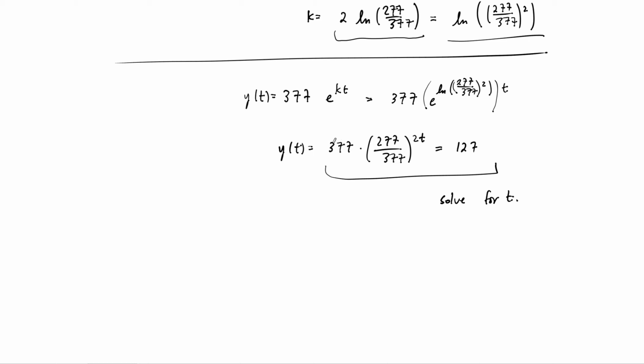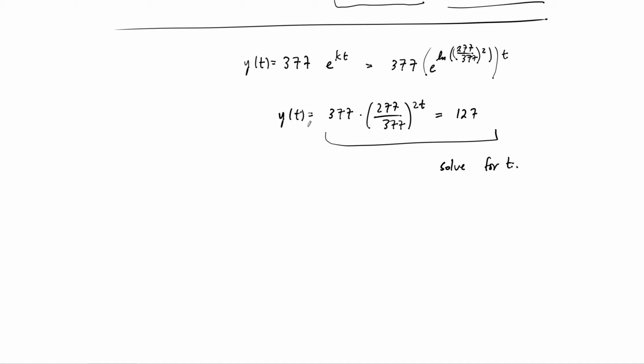Before we can solve for t, we need to rearrange, get this 377 out of here. And so we get this equation. So 277 over 377 to the power 2t should be equal to 127 over 377. I left some room here because now we're going to apply the natural log to both sides. And the reason we do that now is because this can then come down, right?